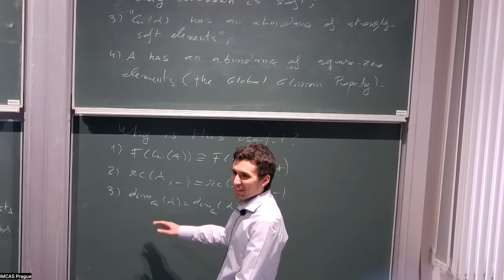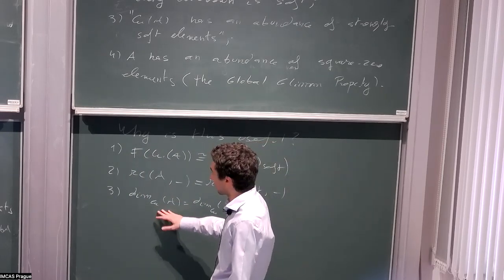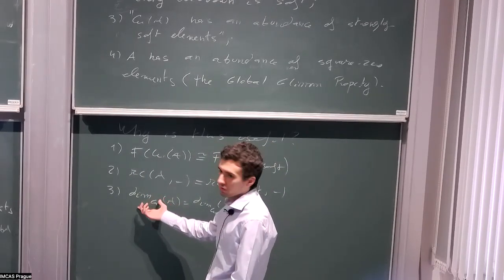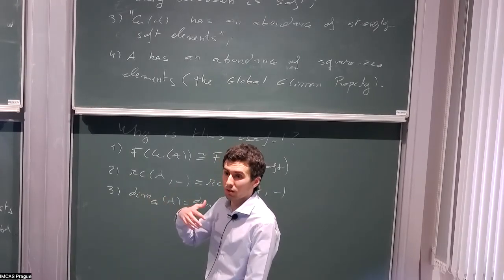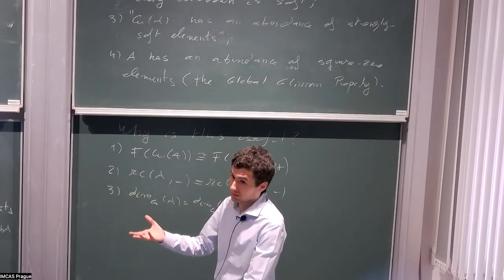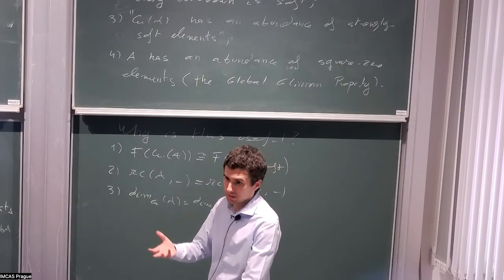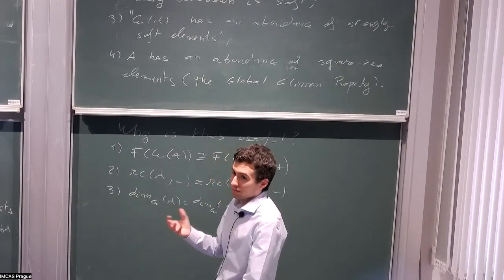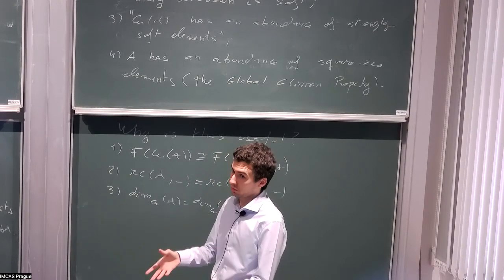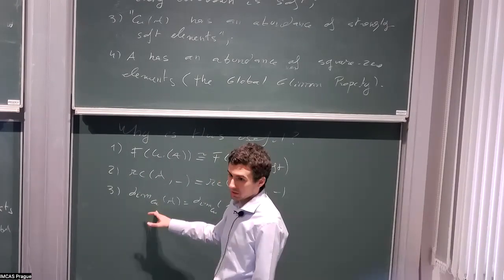This is a notion of covering dimension, very much like you have a notion of dimension for C*-algebras, which is the nuclear dimension. You can define a notion of dimension for Cu-semigroups, and that's what this means.